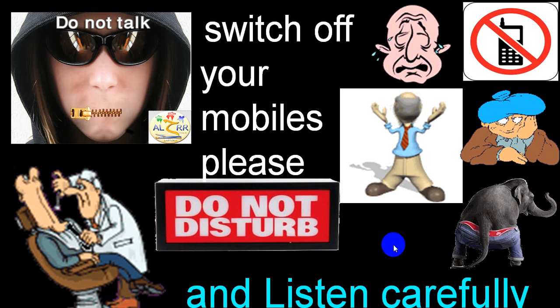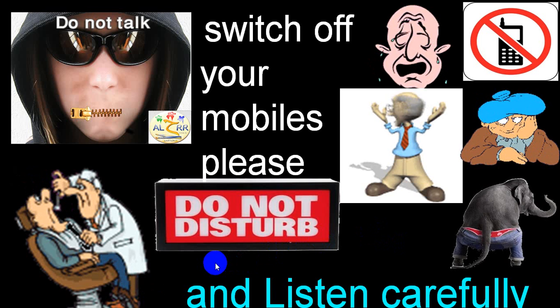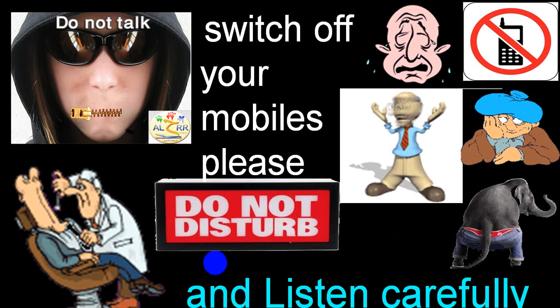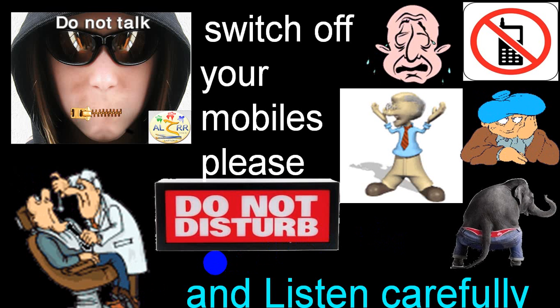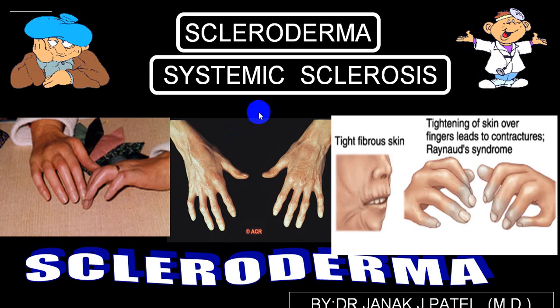Today we'll be talking on one of the odd topics, but once in a while you can come across this particular group of people we call scleroderma or systemic sclerosis. So we'll be discussing that topic today.